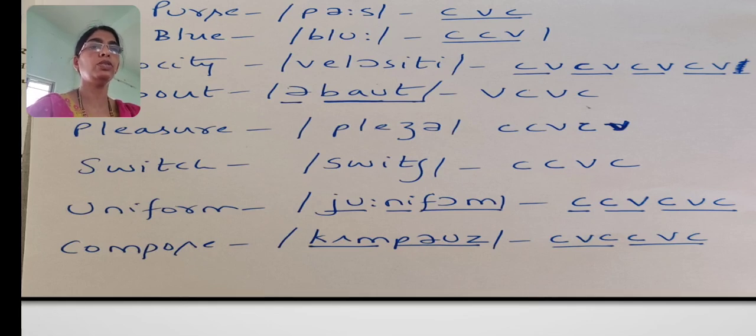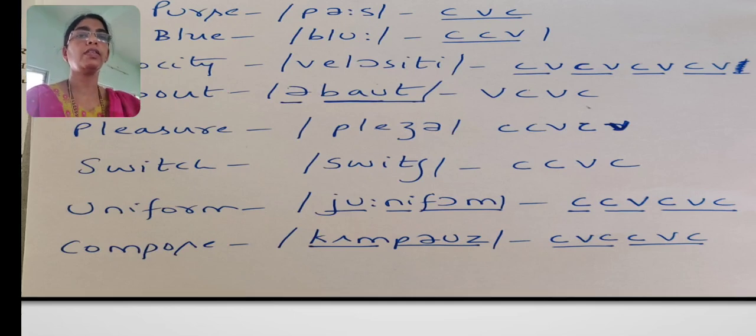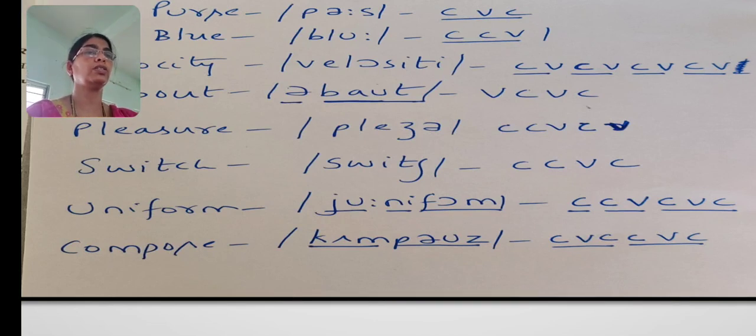Uniform. In u we have the oo sound, which is a vowel sound. Then in ni, again another vowel sound, and in form, the or sound is the third vowel sound. So this is the structure of this word: consonant, consonant, vowel, consonant, vowel, and consonant.